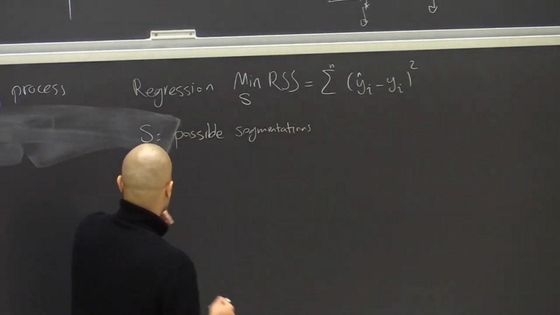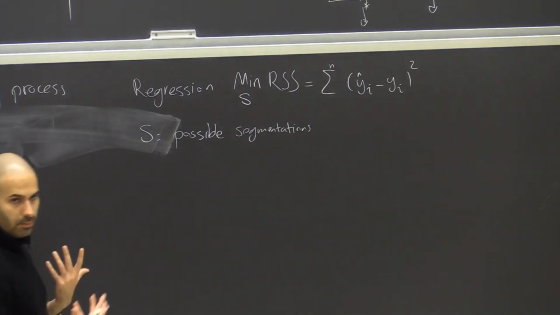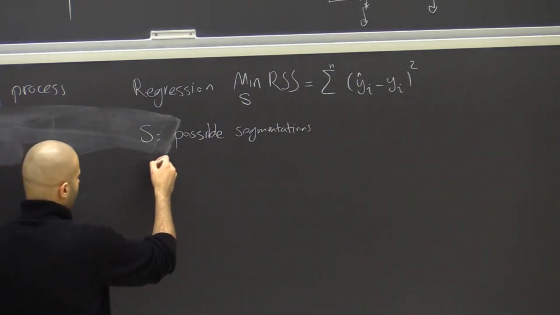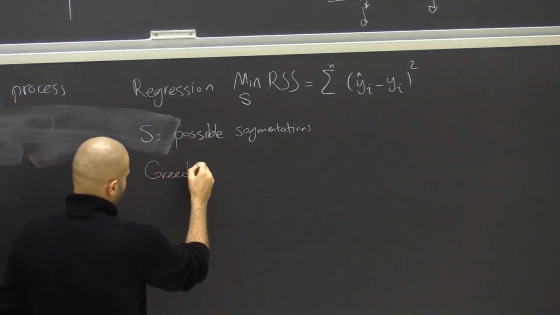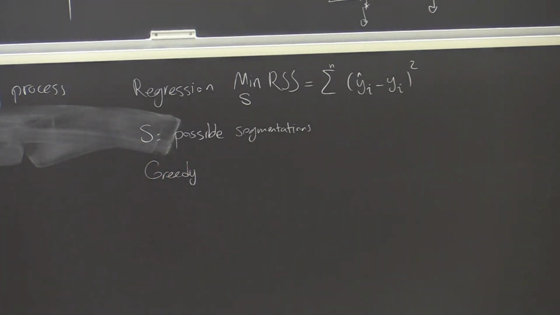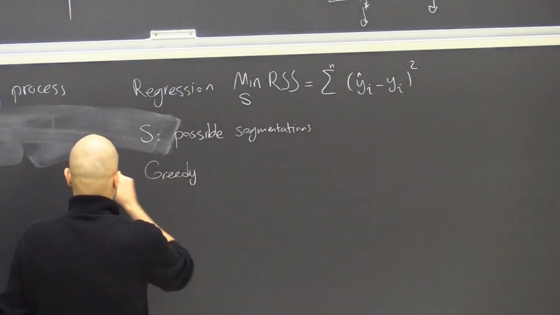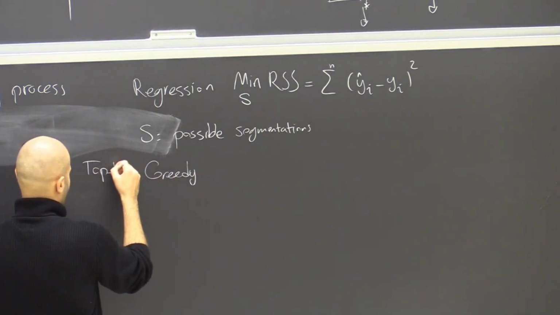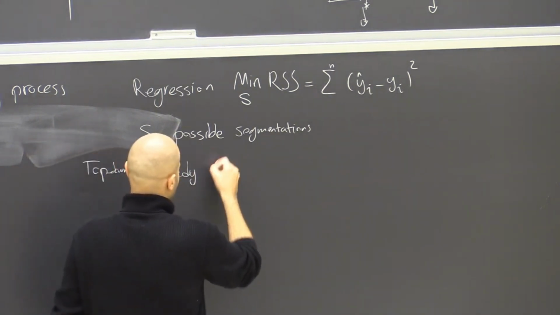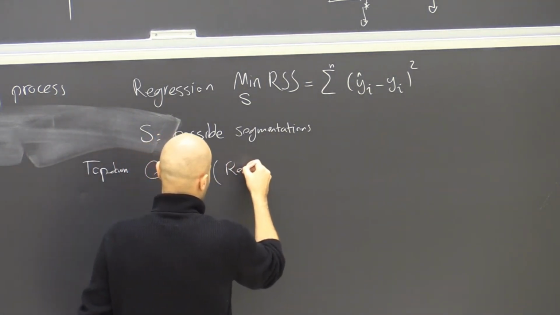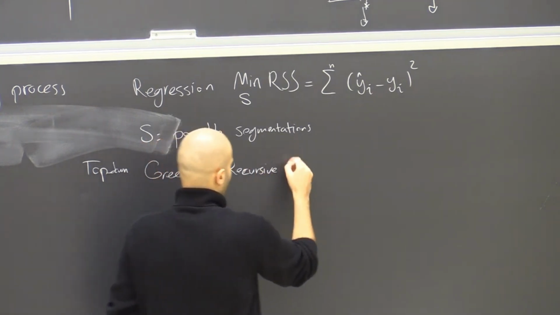That's why we're going to solve it using a heuristic method. We use a greedy approach called recursive binary splitting, a top-down greedy approach.